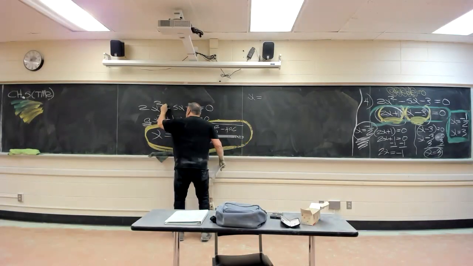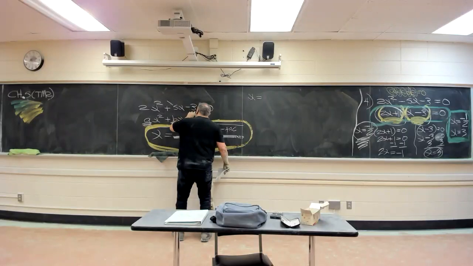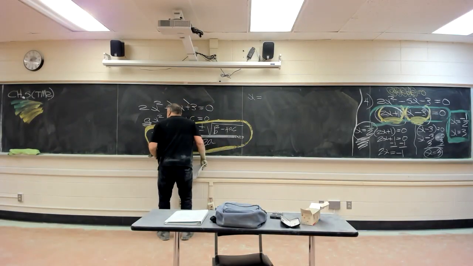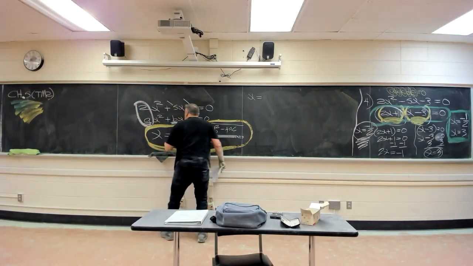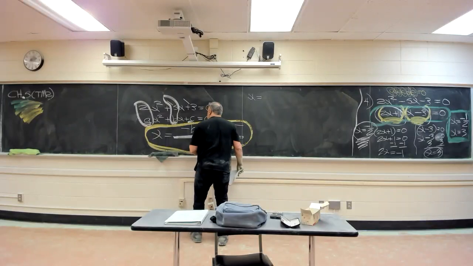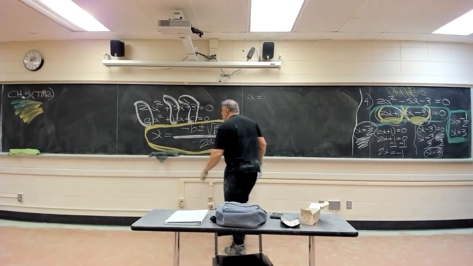Minus 5x is plus a negative 5x. Minus 3 is plus a negative 3. The a is 2. The b is negative 5. The c is negative 3.